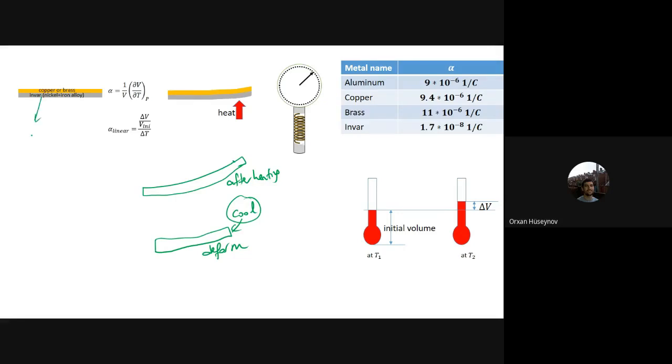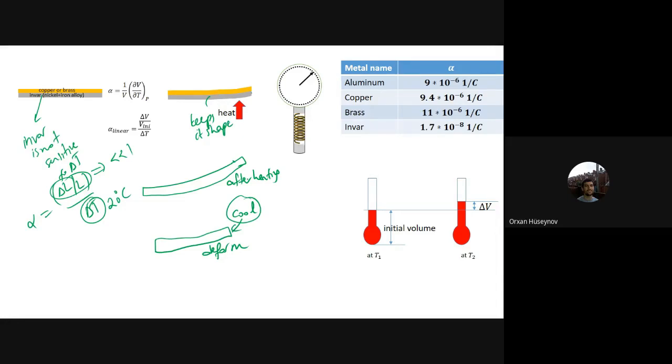And this second metal, invar, which is the alloy of nickel and iron, is not sensitive to delta T. It means that alpha is equal to delta L by L divided by delta T. So if you change delta T by 20 degrees Celsius, let's say, delta L is very small, doesn't change too much. Therefore, since the bottom one keeps its shape, this one keeps its shape, and it doesn't let the copper deform.